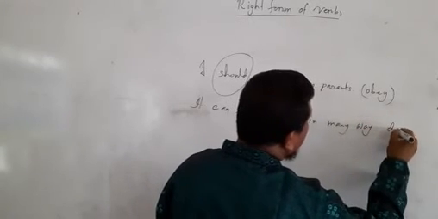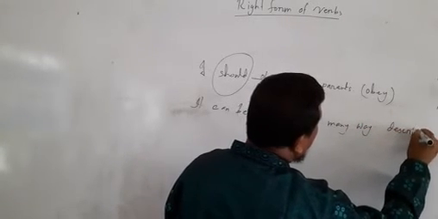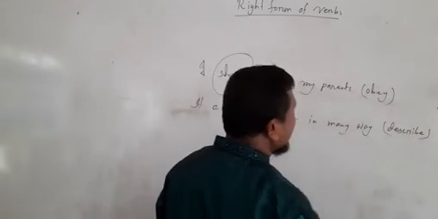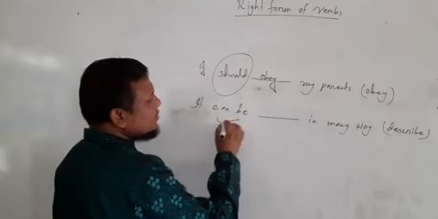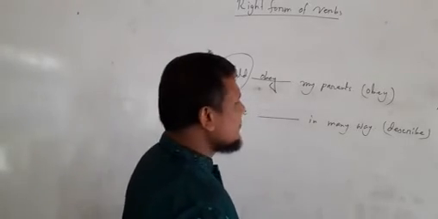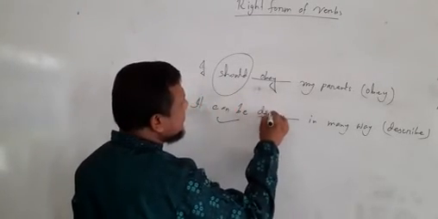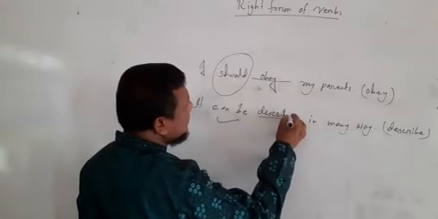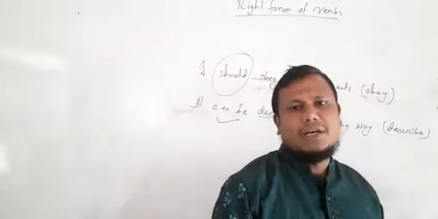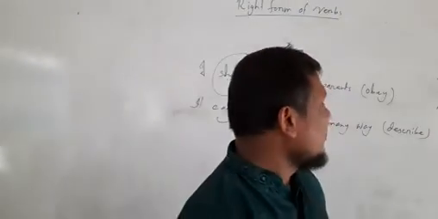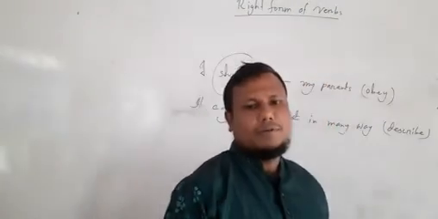The verb is described. In this sentence, the modal is followed by be, so the verb will be in past participle. Described, D-E-S-C-R-I-B-E-D. After a modal verb, if there is be or have, the verb will take past participle form.